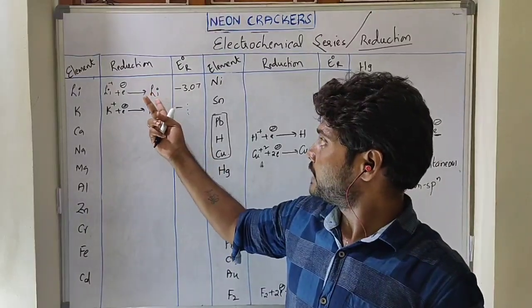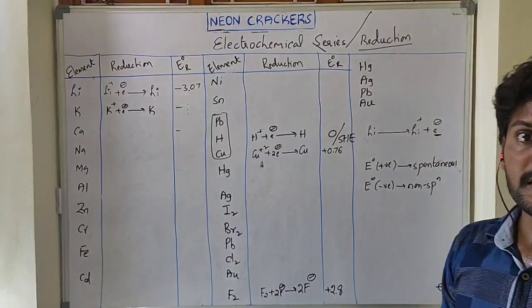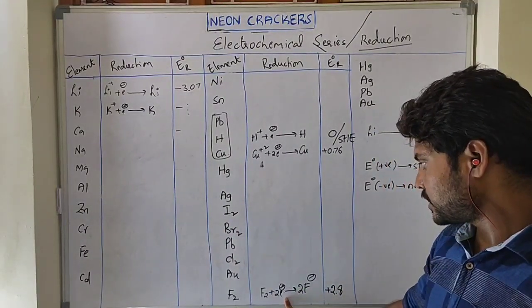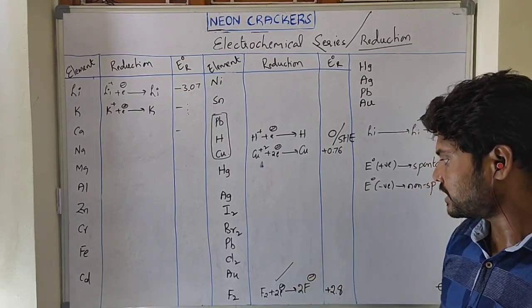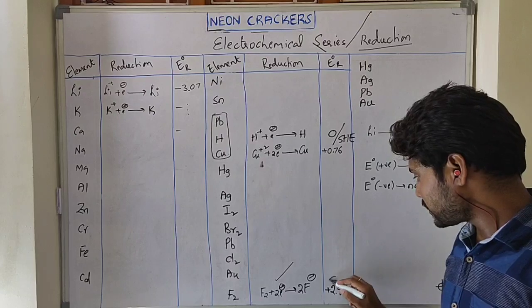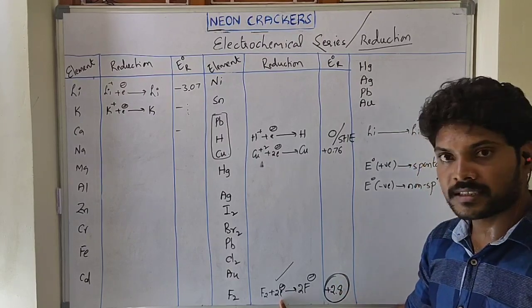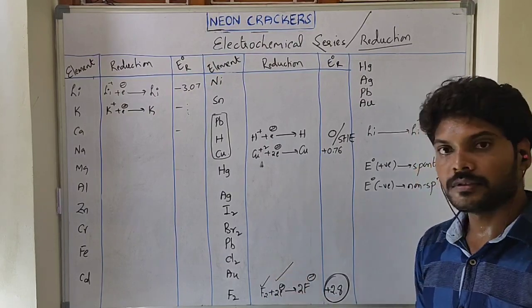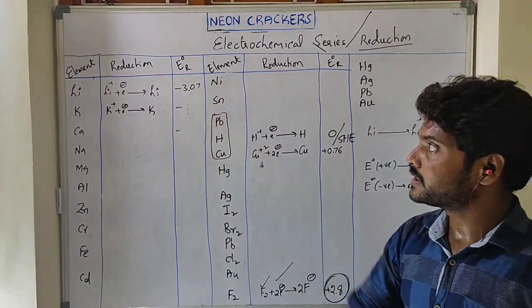If you write this reversely, we can get a spontaneous reaction. And here F2 plus addition of 2 electrons gives 2F minus, and this is a spontaneous reduction reaction because it produces a positive potential value, so it reacts easily by reduction. That's why this one is the oxidizing agent, and that is the reducing agent.